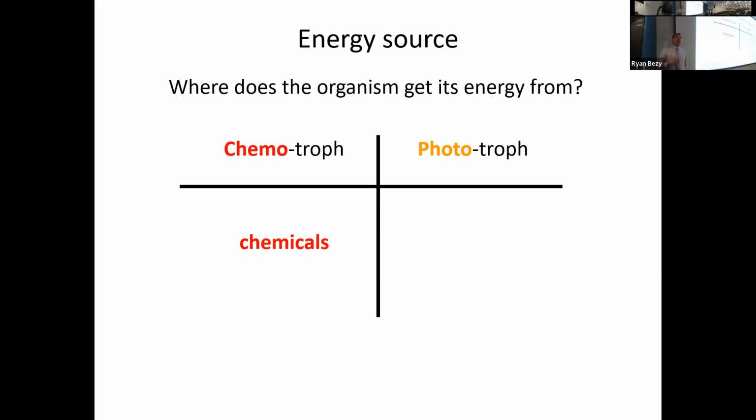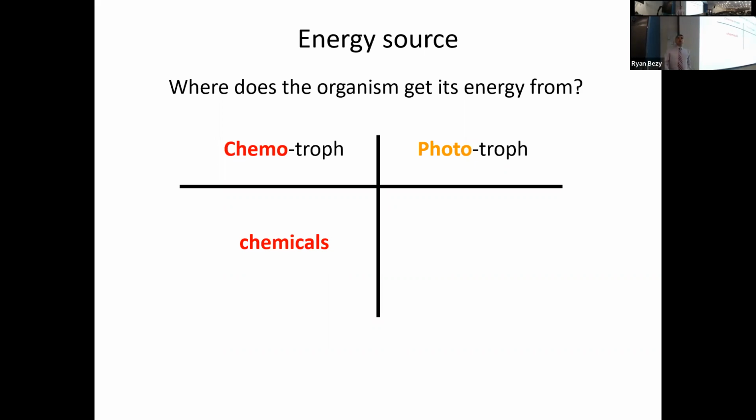What do I mean by chemical nutrients? It could be just about any type of matter. It could be a sugar molecule, an amino acid that they're eating, even sometimes water in the case of some types of organisms. It could also be things like hydrogen sulfide or hydrogen gas in other types of organisms, but they're going to get their energy from some type of chemical or chemical reaction. So that's one of the possibilities.